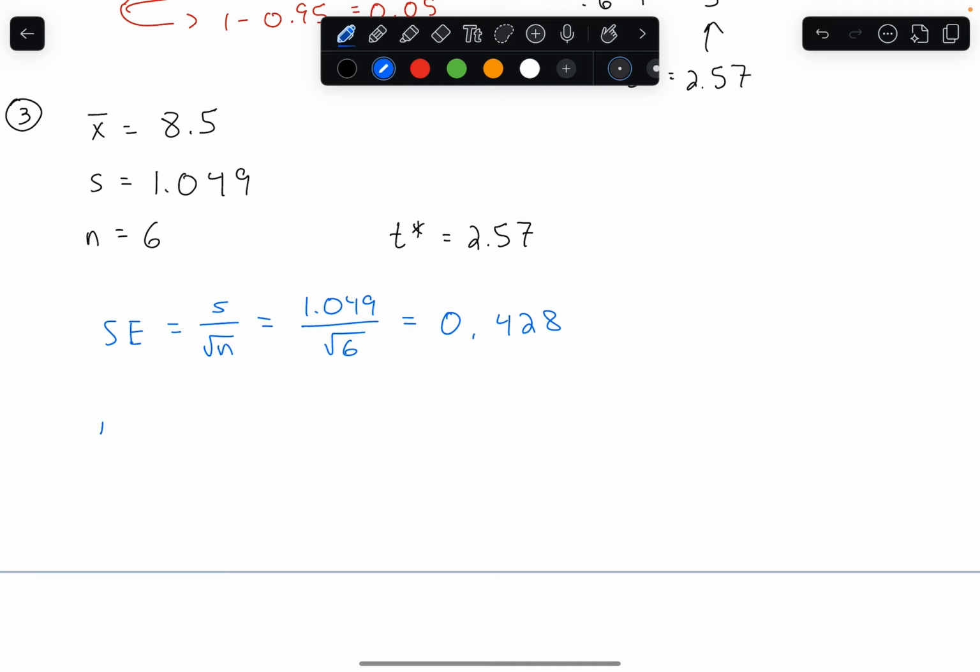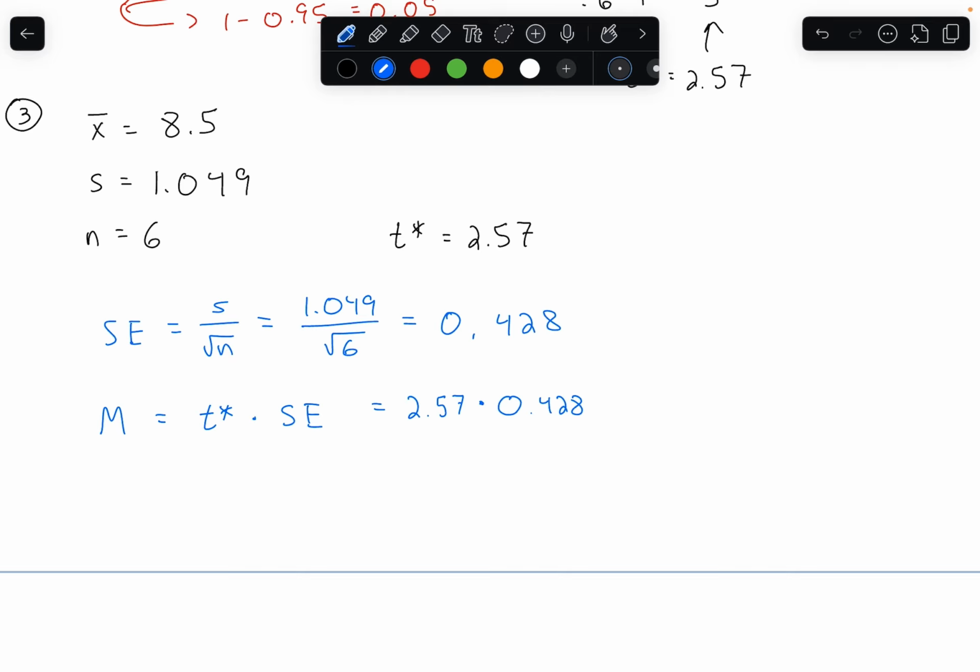Next up, I need my margin of error. So my margin of error is simply T star times the standard error that I found last time. So in this problem, my T star, we said that was 2.57, times my standard error, which was what we just found, 0.428.